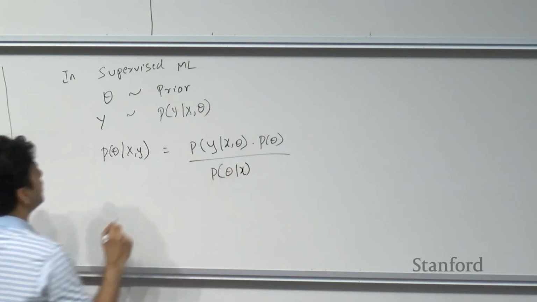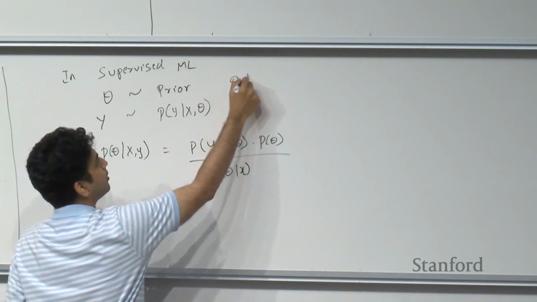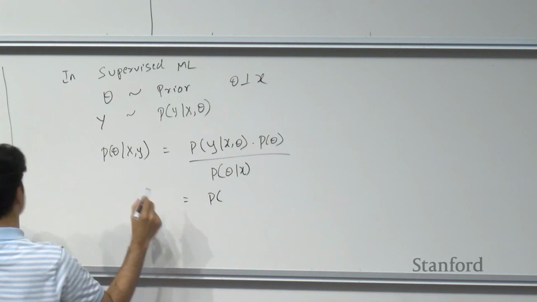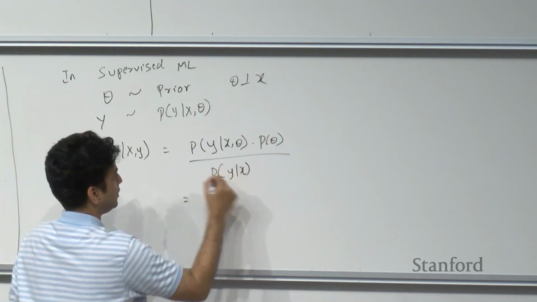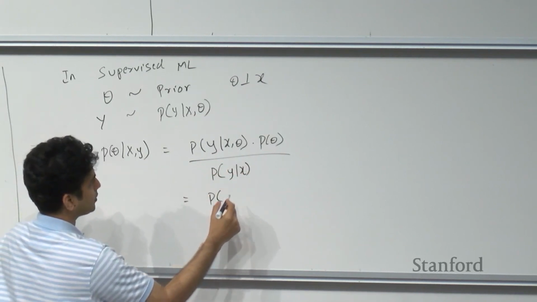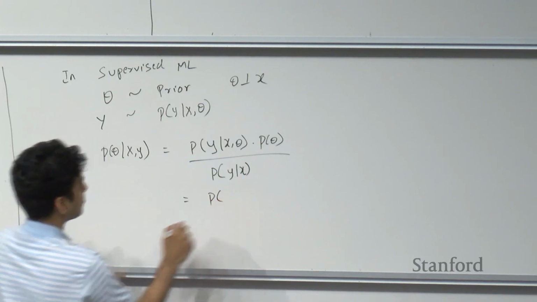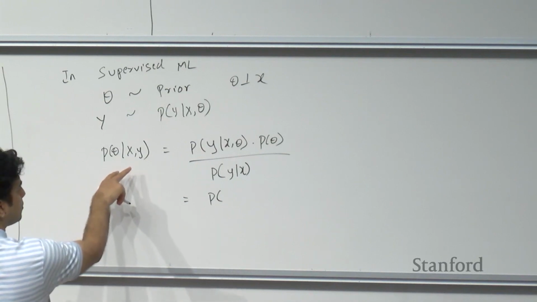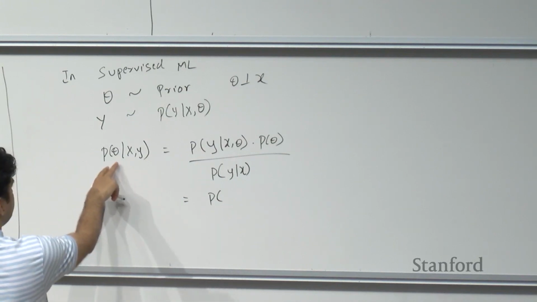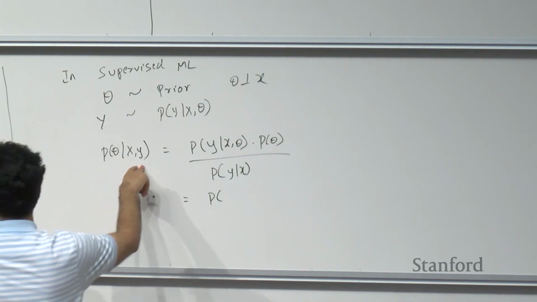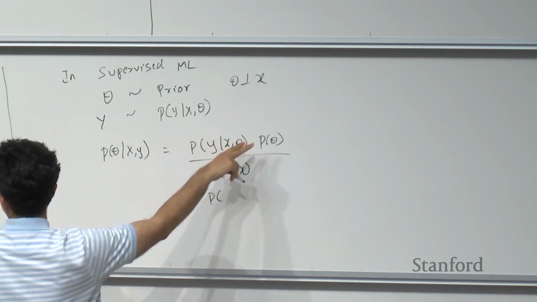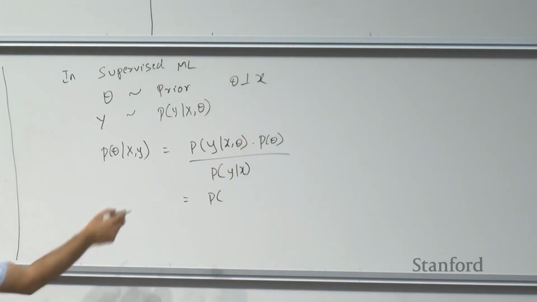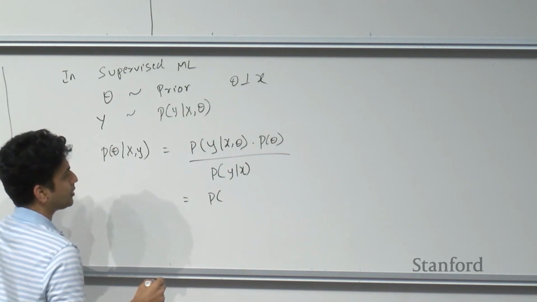We also make the assumption that theta is independent of x, and this becomes just P of y given x. So P of theta given x comma y is P of y given x times P of theta over P of y given x.